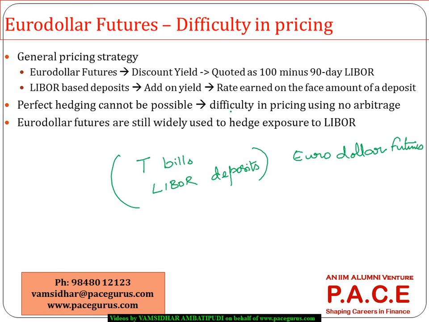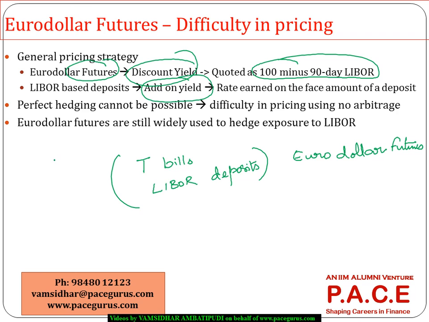But there is a difficulty in the pricing. For the simple reason, most of the times the Eurodollar future contracts are quoted as 100 minus the 90-day LIBOR rate, or their pricing is on a discount yield kind of a basis, whereas all the deposits are priced on an add-on yield, which is nothing but whatever is the return on the face value of the deposit.